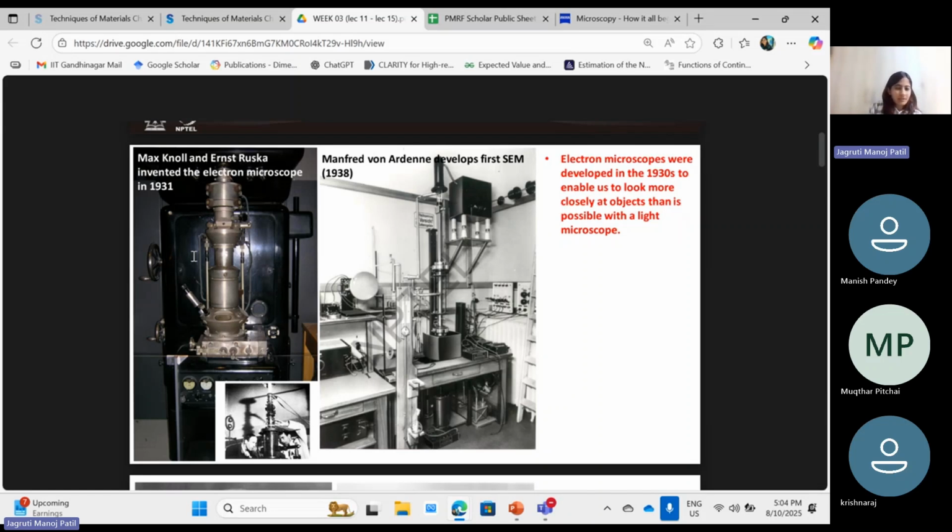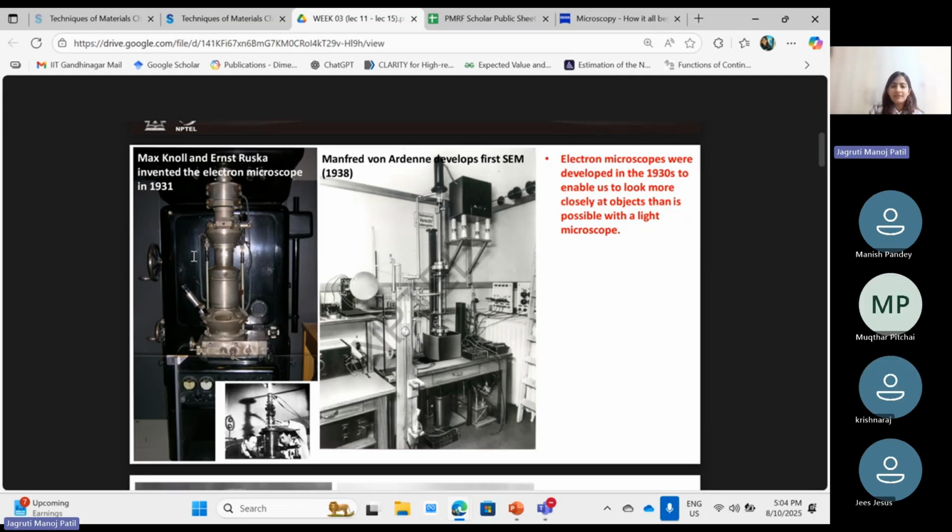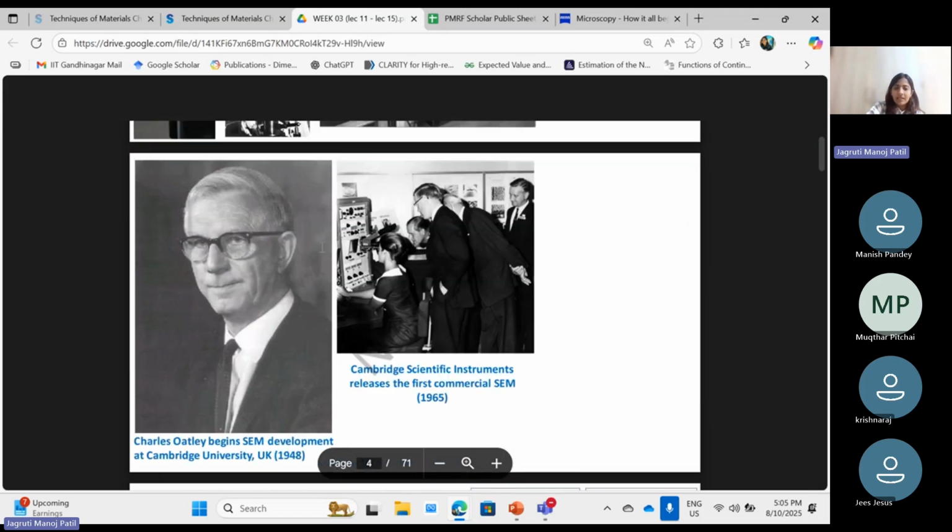After that, Manfred von Ardenne had his first idea of what to do if he had an opaque specimen. In 1938 they did that, and later a person from Cambridge saw that this idea hadn't been commercialized and people were making their own systems for their own specimens.